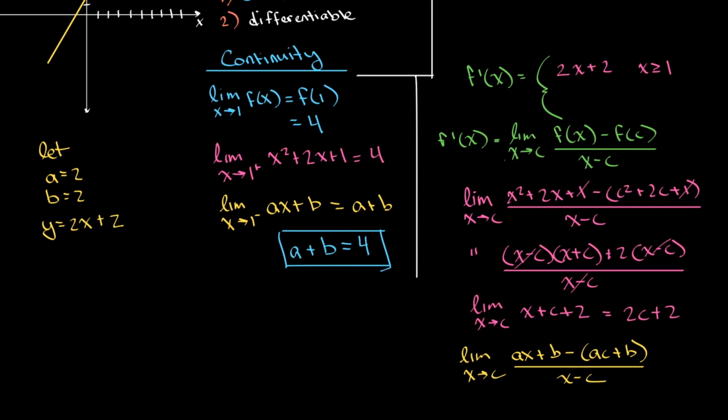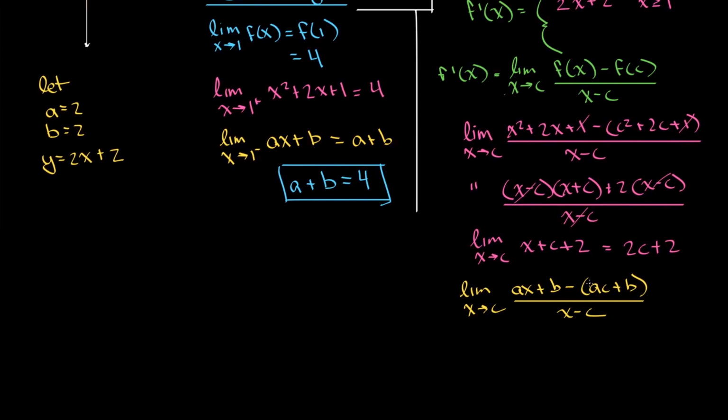And then cleaning this up, again, our b's will cancel when we distribute this negative, and we can factor out an a. So we have a times x minus c all over x minus c, and we're still taking the limit as x goes to c. These will cancel, and we are left with the limit as x goes to c of a, which is just a.